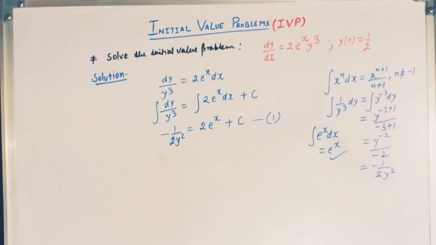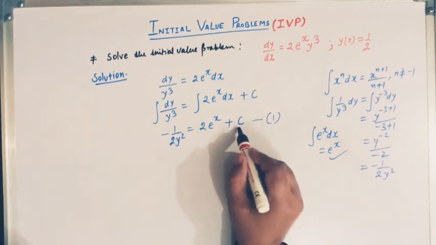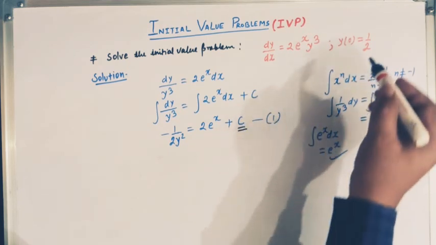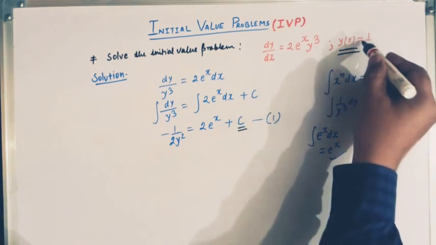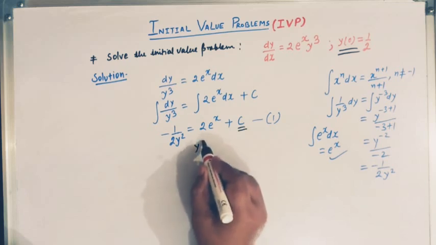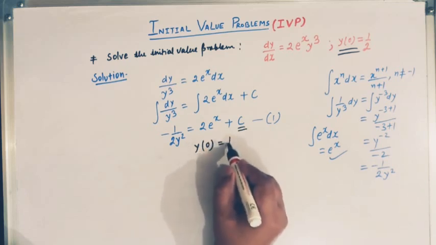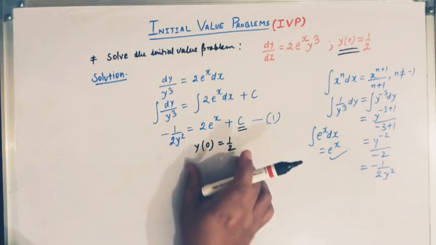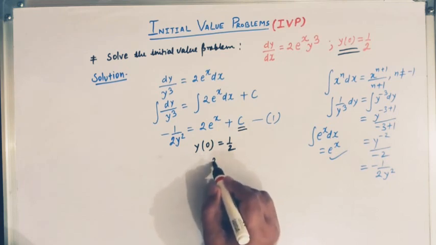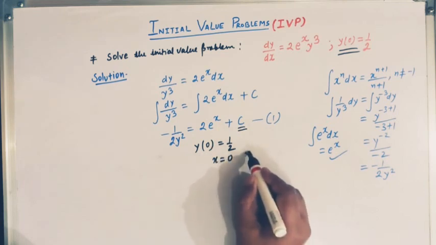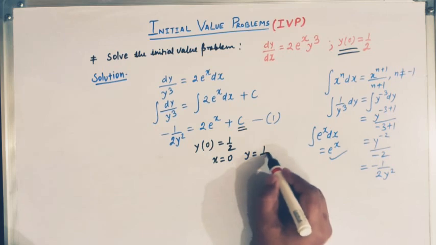Now our aim is to find the value of this constant of integration by using this condition. We are given y of 0 is equal to half, and it means at x equal to 0 we have the value of y as half.